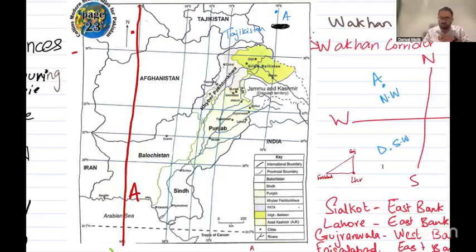You can see line A coming and crossing through Pakistan. So this is just a technique to remember it. These longitudes are always vertical lines, so we only have to check which province they pass through, and that will automatically let you know the correct answer.